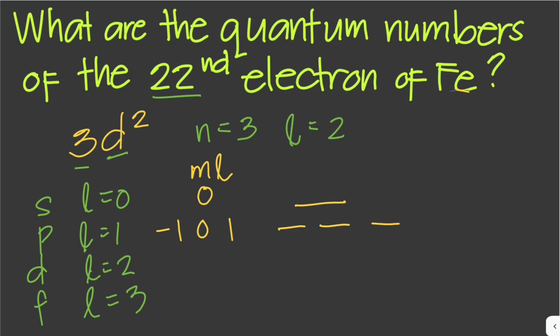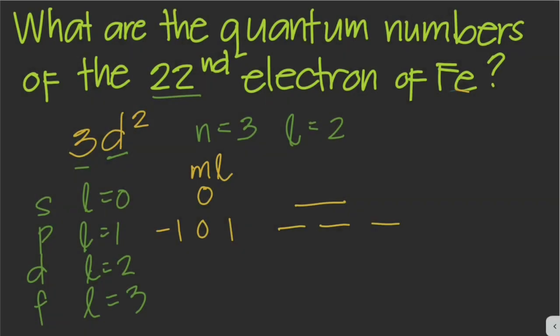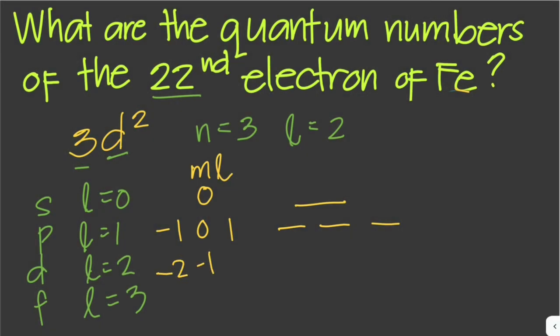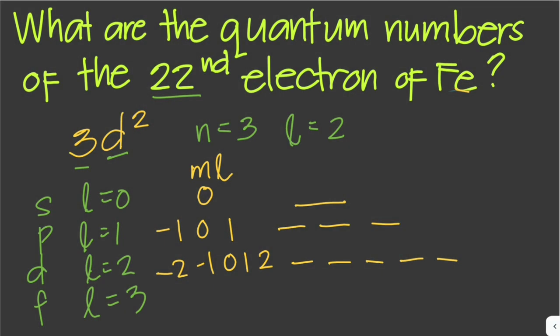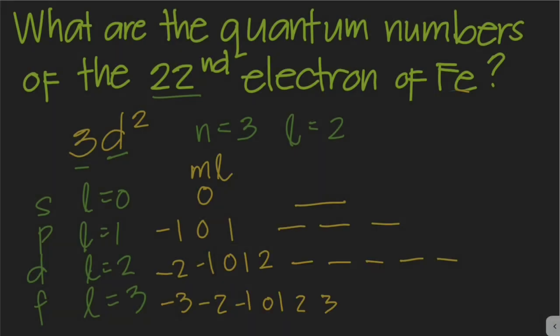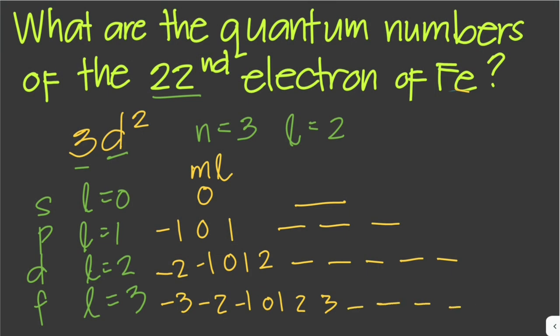And for d orbital with L equals 2, the values of ML could be -2, -1, 0, 1, 2, and it has 5 sublevels. And then for the f orbital with L equals 3, the values of ML could be -3, -2, -1, 0, 1, 2, 3 with 7 sublevels.